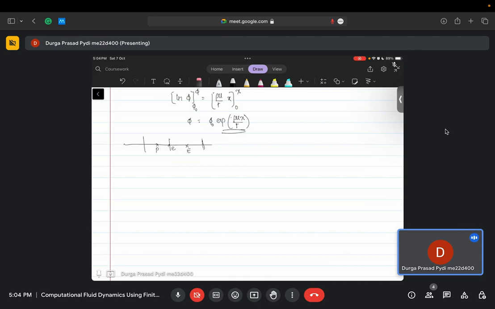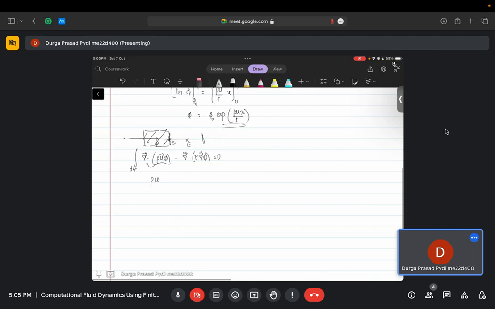What we were trying to do is, when we discretize this equation and apply it over this particular cell, for this P cell, we will essentially get rho u phi on the east face minus rho u phi on the west face, and then we have my diffusion terms, that is gamma d phi/dx on the east face, and then gamma d phi/dx on the west face.